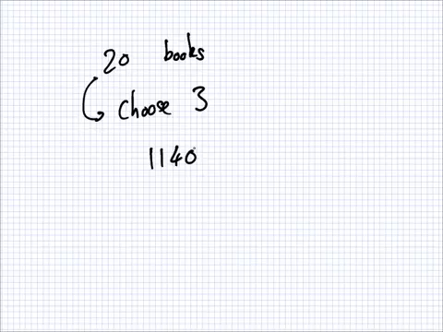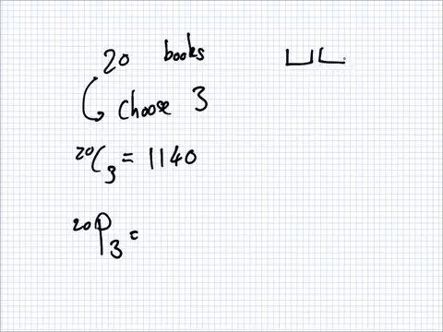Now, my question is, how would this problem need to be changed if I wanted to use 20P3? To make it 20P3, the person would have to choose not only the 3 books, but also which they're going to read first, second and third.